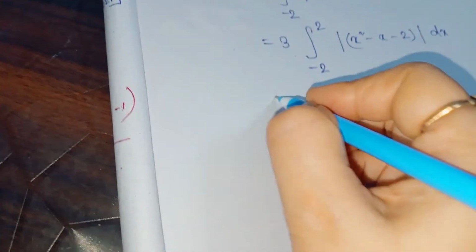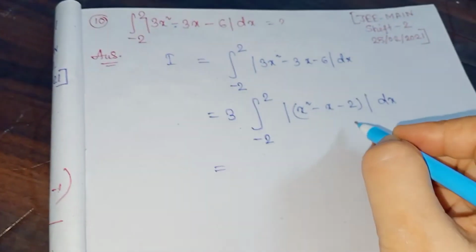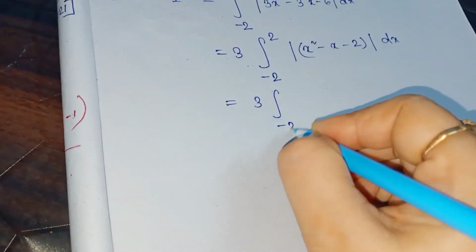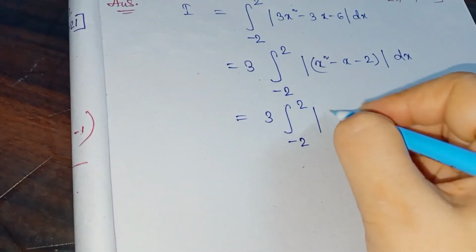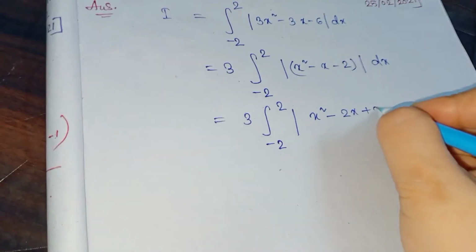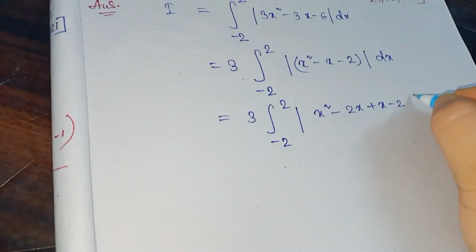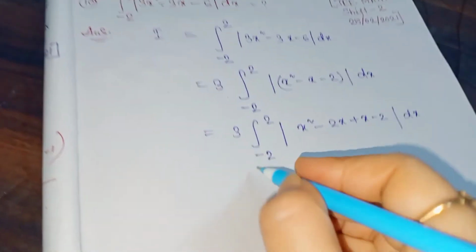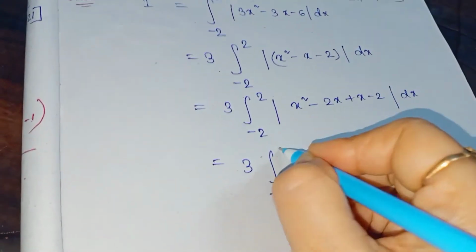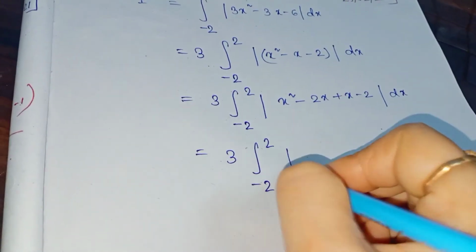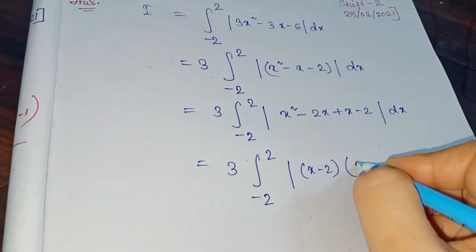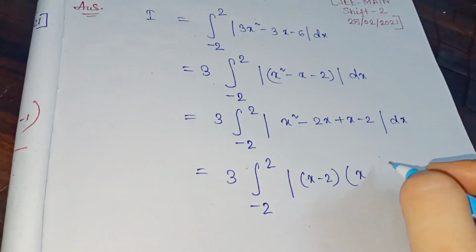Now taking factors, x square minus 2x plus x minus 2 dx.